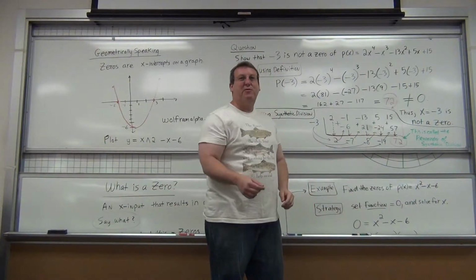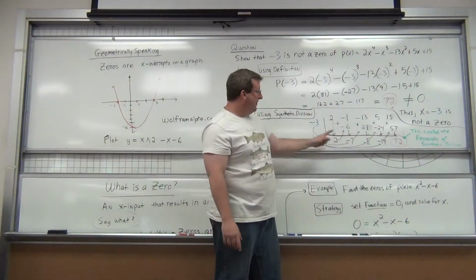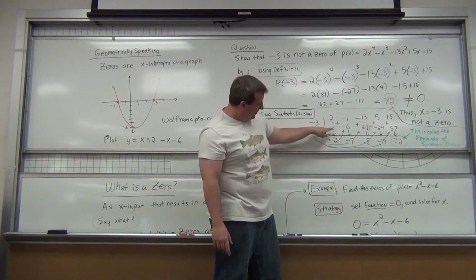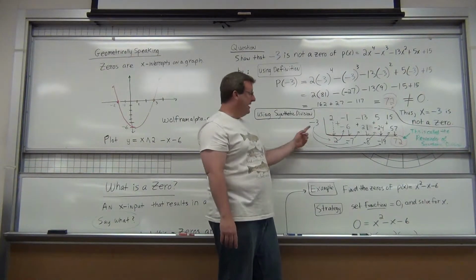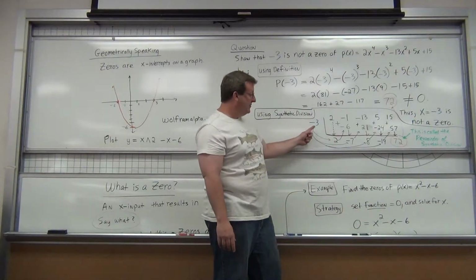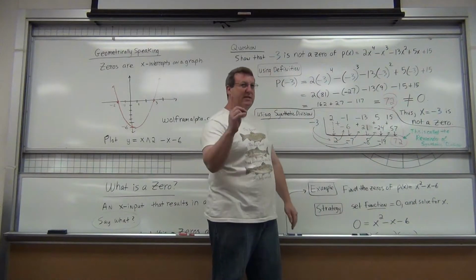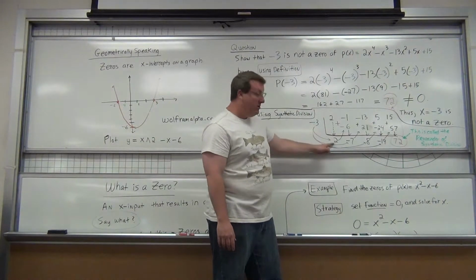Now, you're going to probably have to watch this video a couple times to catch it, but I want you to pay attention. The first 2, you always bring it below the line. Notice the arrow going below the line. This number out here, -3, multiplies by every number below the line. So I'm going to walk you through the synthetic division, and I want to see if you catch this conclusion. So what's -3 multiplied by 2?